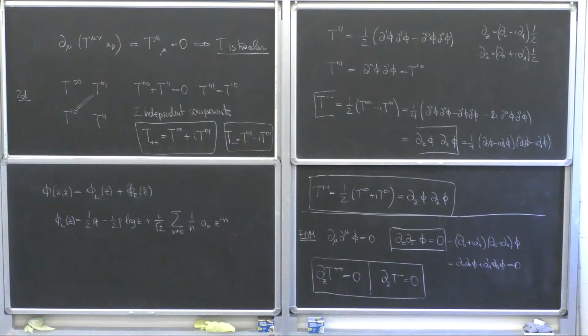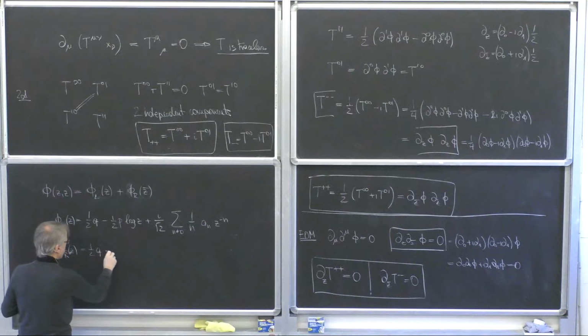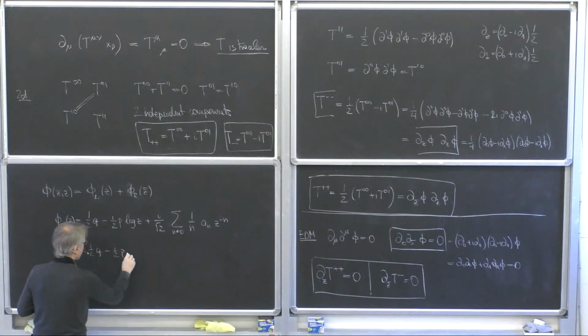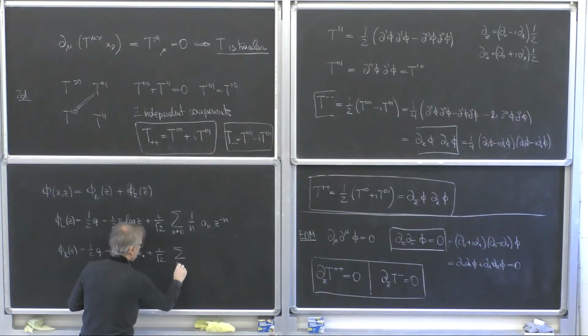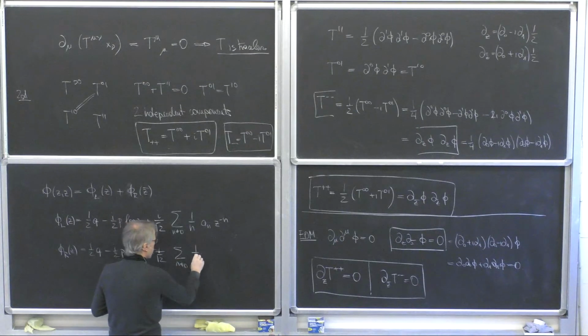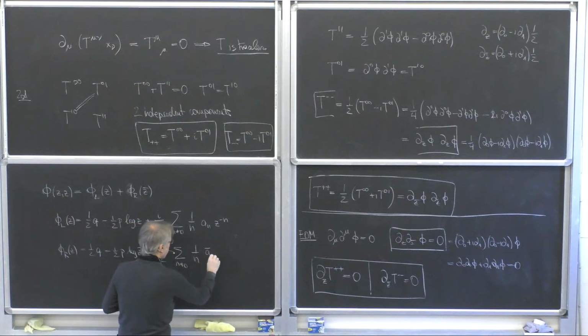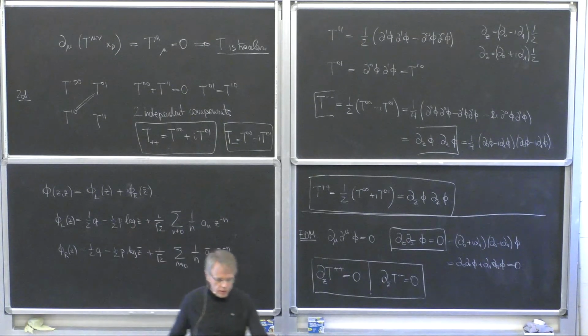So I make this mode expansion for φ_left, and then for φ_right, I make a similar mode expansion, except now everything is a function of z̄. And I write bars everywhere, but I could have written other symbols. This is just nomenclature.